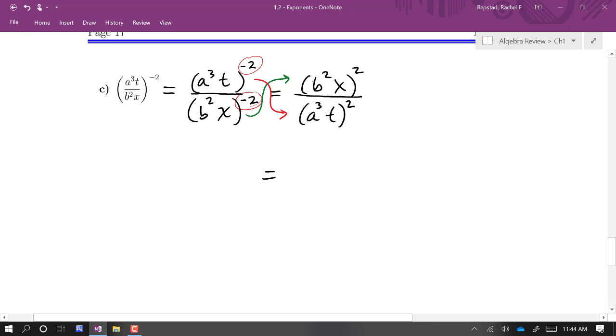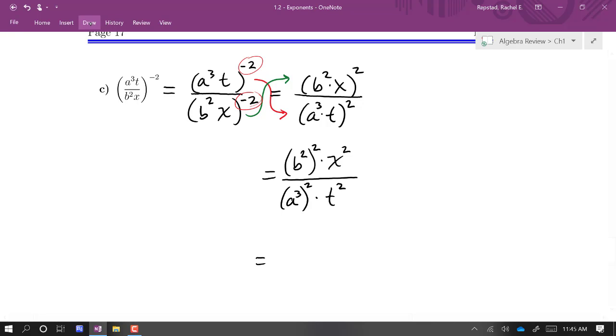Now I'll just address the fact that I've got a product to a power in the top and in the bottom. So I got b squared squared times x squared. In the bottom we have a cubed squared times t squared. And then the last thing is, when we're raising a power to a power, we're going to multiply those exponents. So we have b to the 4th x squared over a to the 6th t squared.